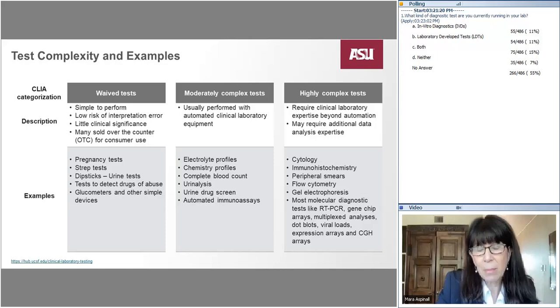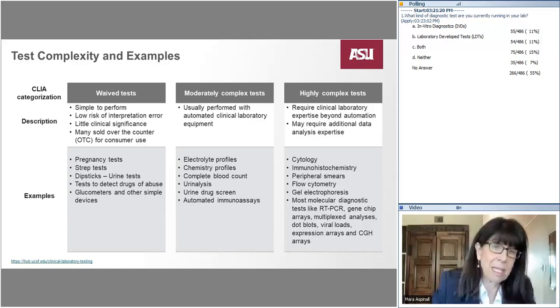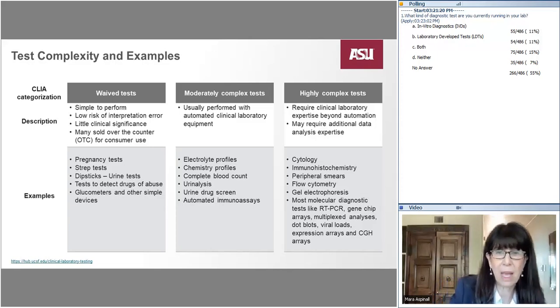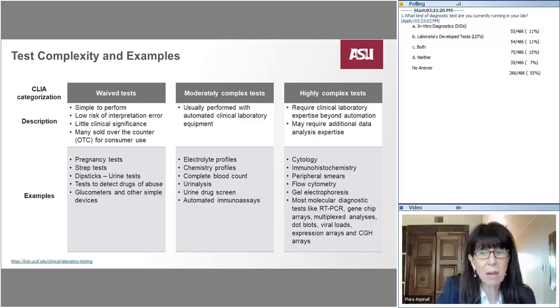Lastly, a highly complex test requires expertise more than just the automation and may require more data analysis, particularly something like NGS. Next-gen sequencing requires data analysis more than just the laboratory itself. You can see a list of these here, and clearly RT-PCR.